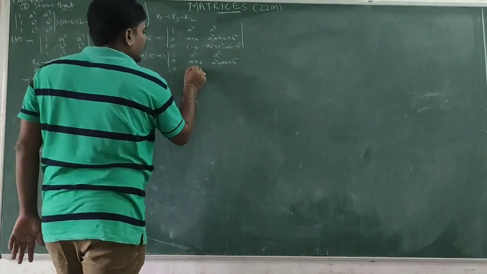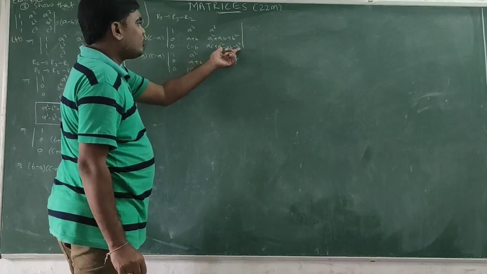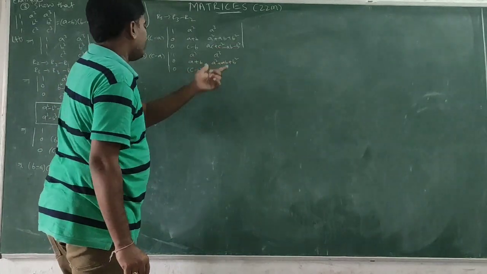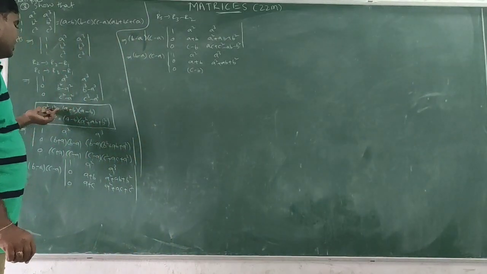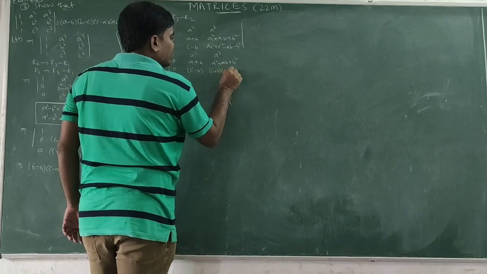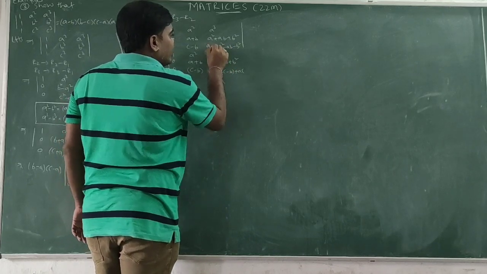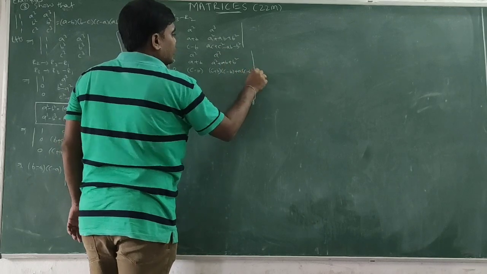So c minus b. In these two, c square minus b square, this is the a square minus b square formula: (c plus b) into (c minus b). In these two, taking a common, we get c minus b.